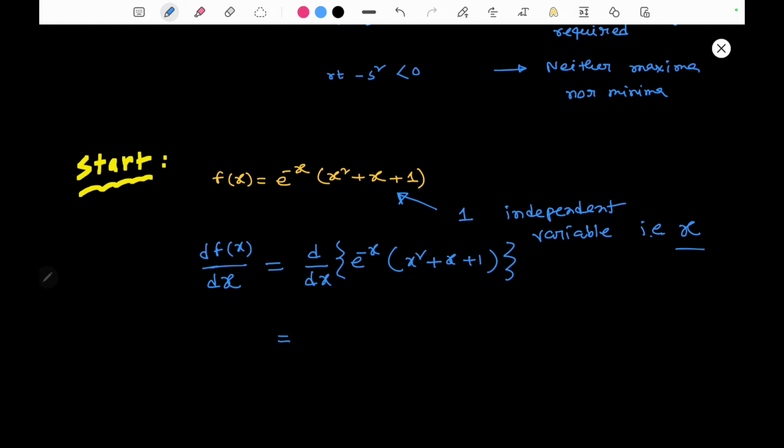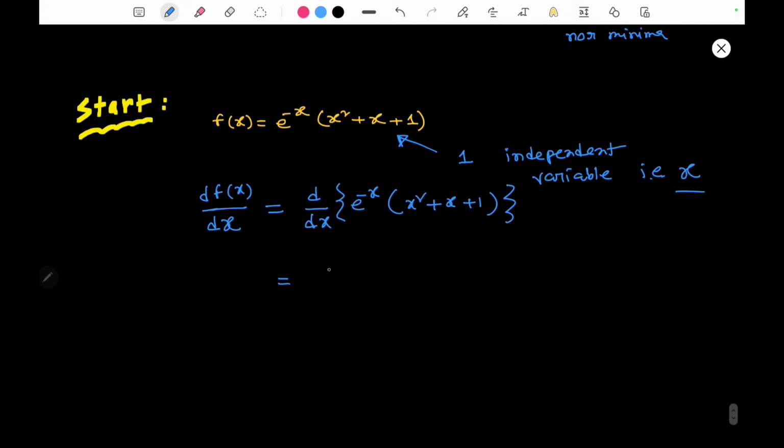We know how to differentiate this. First e to the power minus x we keep as it is and differentiate the other factor, 2x plus 1. Now we differentiate e to the power minus x and keep this as it is.